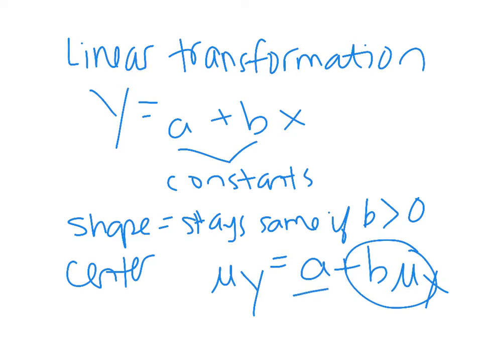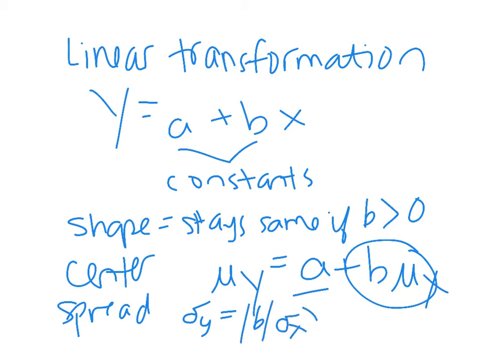My spread is multiplied or divided by the constant, because that impacts the spread, but it is not added or subtracted. You do not add or subtract the constant. So our standard deviation of Y here would equal multiplying by the absolute value of b, in case it was negative, times the standard deviation of X. But you do not add or subtract anything to the spread.